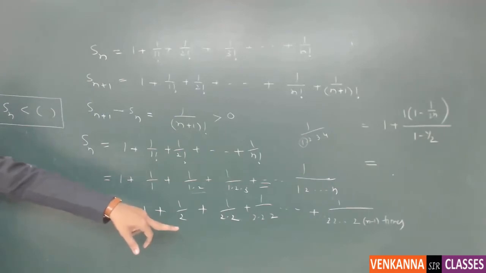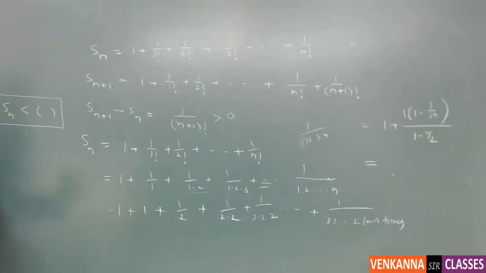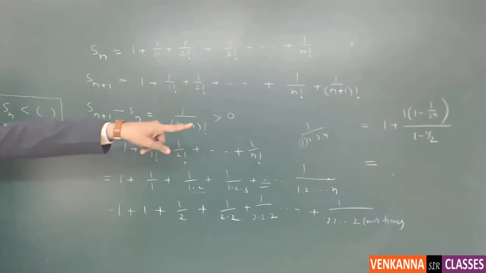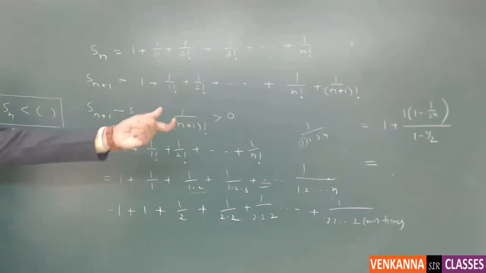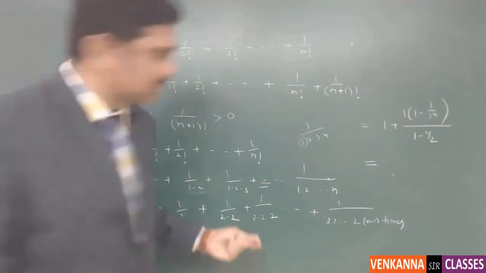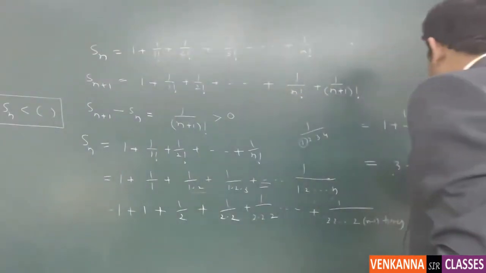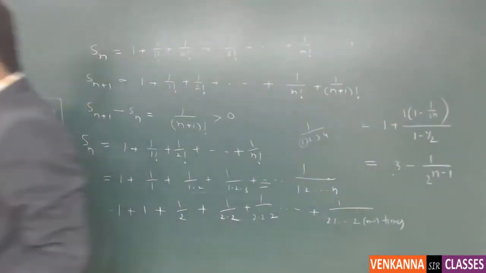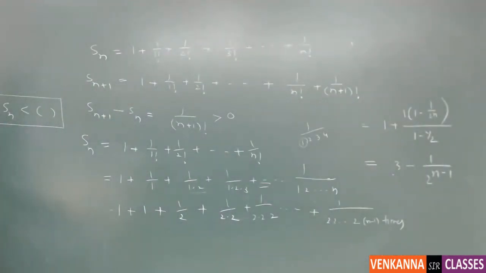Accepted? Fine. So on simplifying that, you will have a finite value. In short, since you know the simplification part, I simply write that it will come as 3 minus 1 by 2 to the power n minus 1, on simplifying the geometric progression sum, using the formula I mentioned earlier.